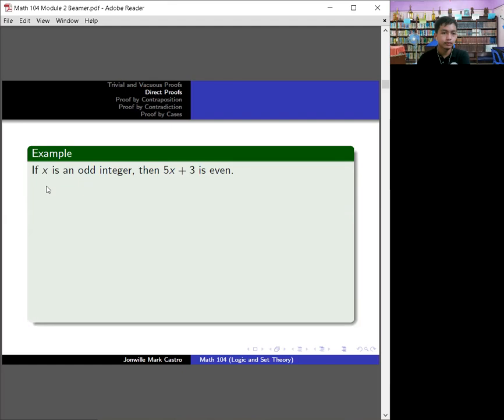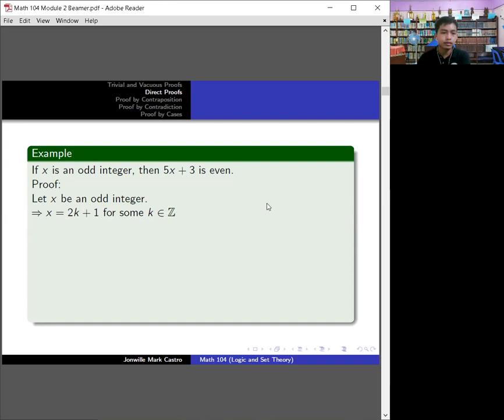So, let x be an odd integer. By definition, since x is odd, this implies, so itong symbol na to, yung sabi niya yung this implies or implication, this implies that x equals 2k plus 1 for some k in Z. Okay?